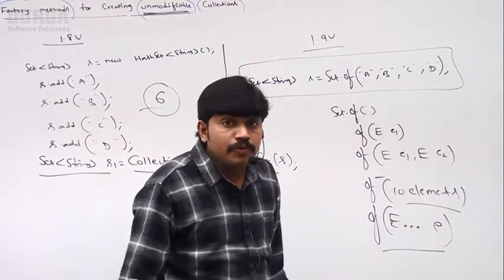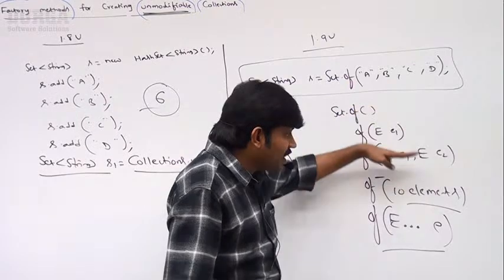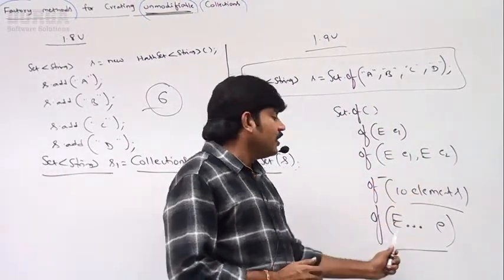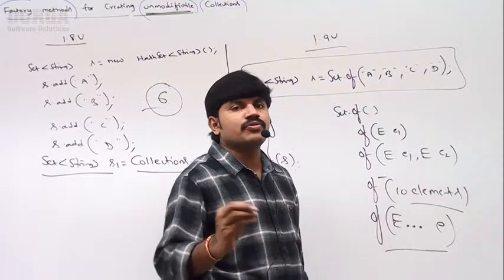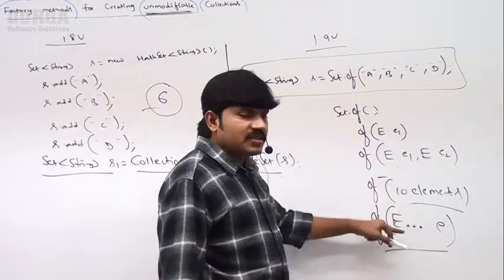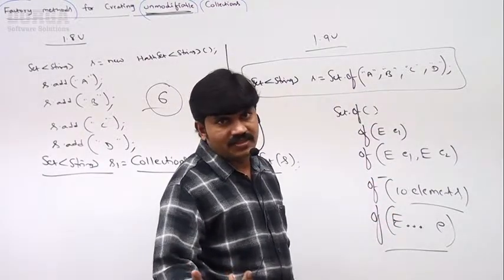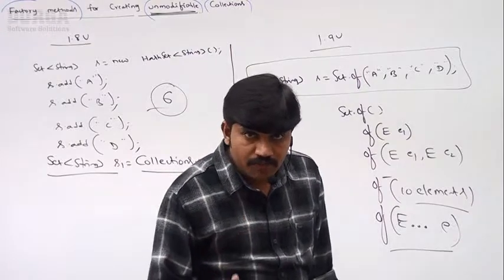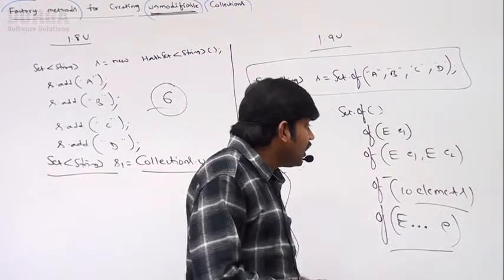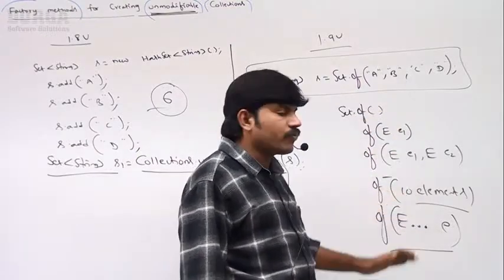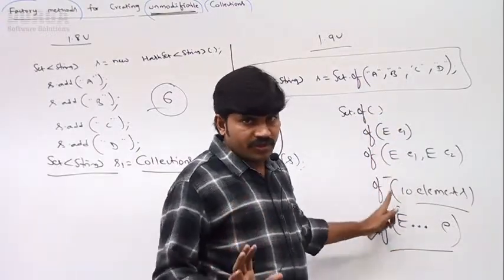Up to 10 elements an exact matching method is available, but for more than 10 elements it will internally call the varargs method. Why are these many methods available? Once again, the same reason, to improve performance. Clear? Are you in a position to understand? How to create an unmodifiable set object is nothing but this code, this is what you have to be aware of.